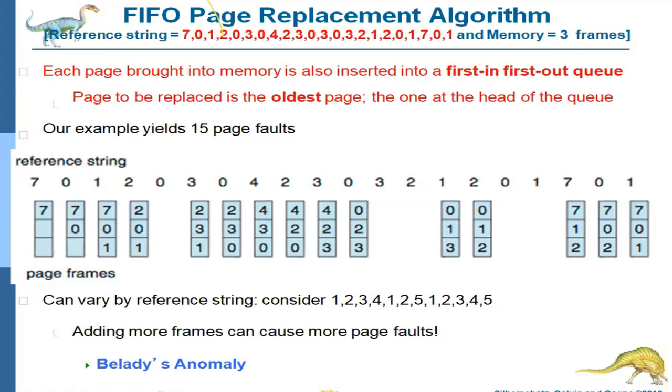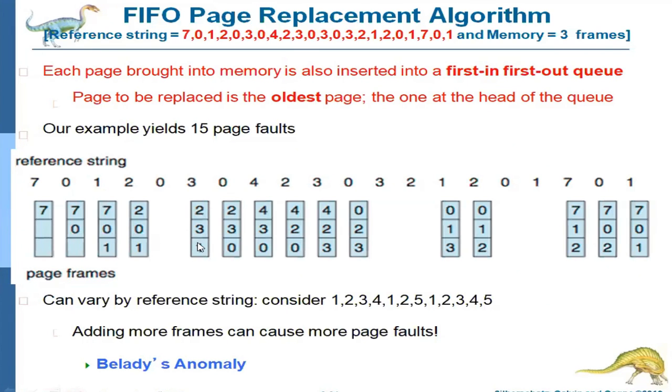So 2, 3, 1. So again 0. So 0 is not there. That means you have to insert the page into the memory. Which page do you have to replace?